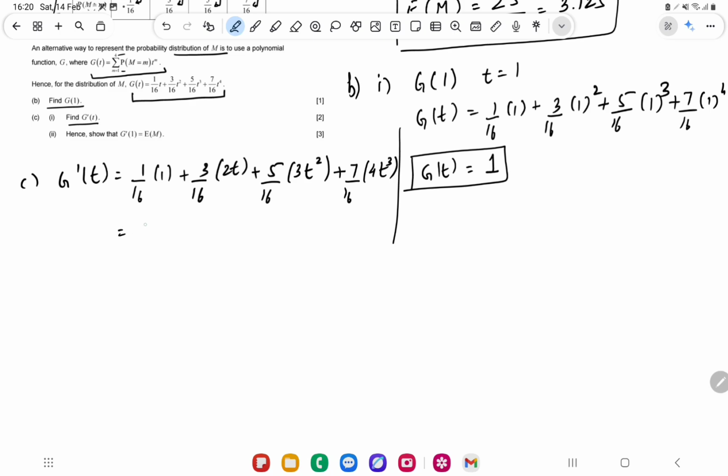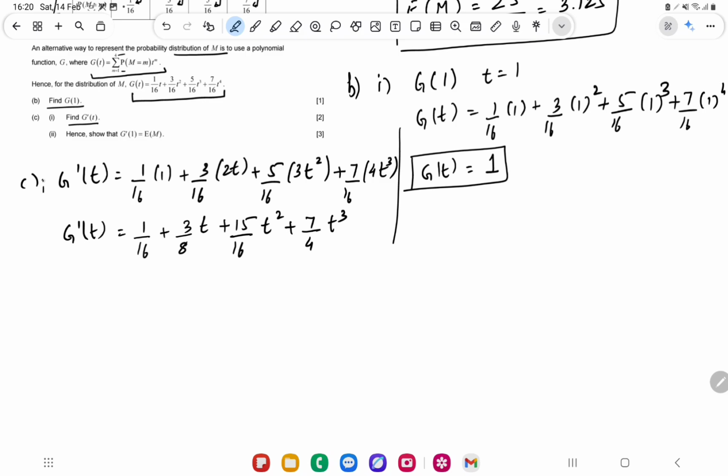Now when we solve, we will get 1 by 16 plus 3 by 8 into t plus 15 by 16 t squared plus 7 by 4 t cubed. So this is how we will get G dash t. We have to write the simplified answer.